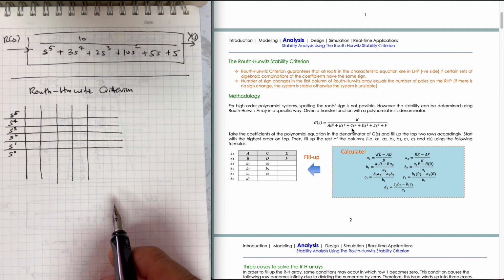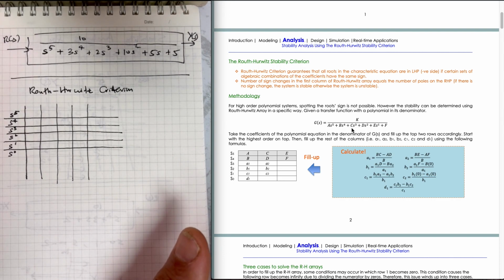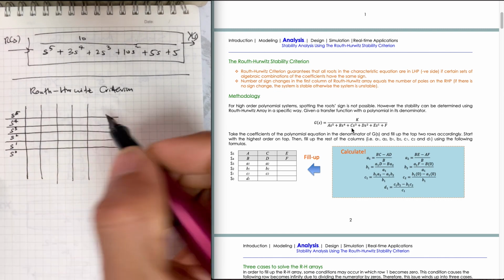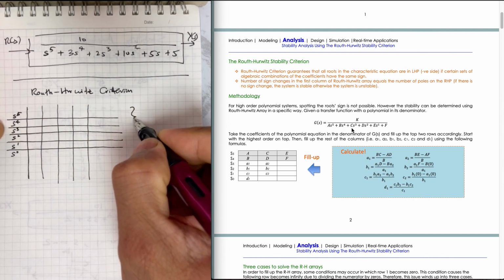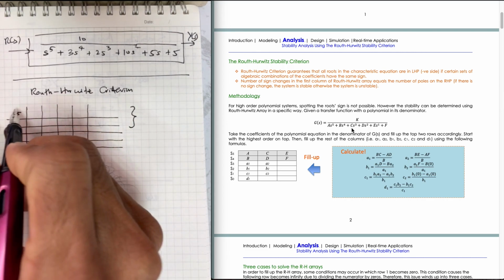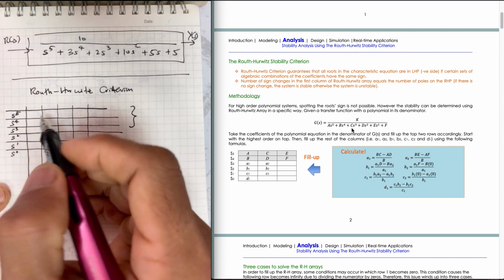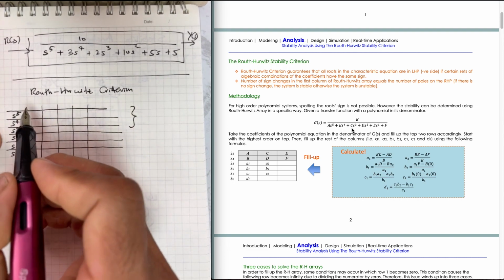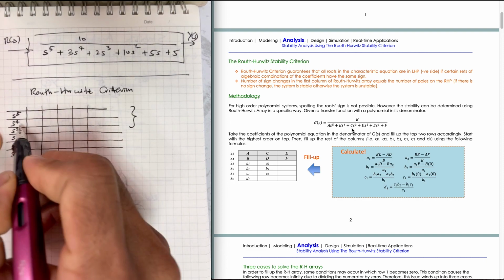Now, how to fill it up? First, take the values from the equation into the first two top rows. Here, this is s5, s4.